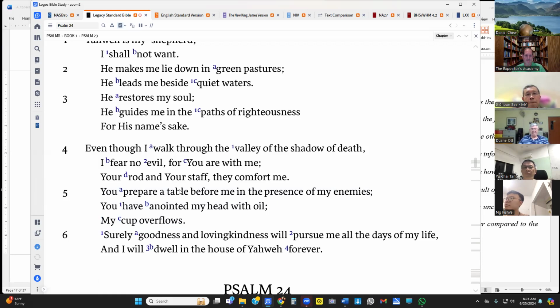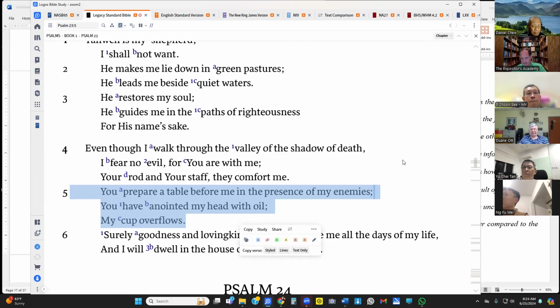So it's important to see the shift in image, but it's still part of the same theme of the psalm, just using a different image to present that. You guys see that?